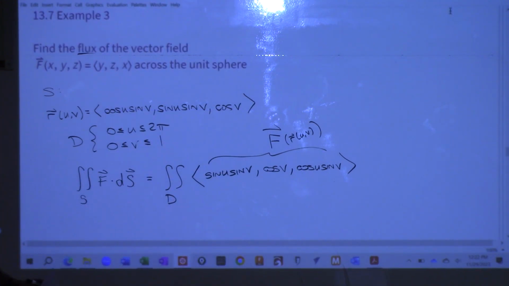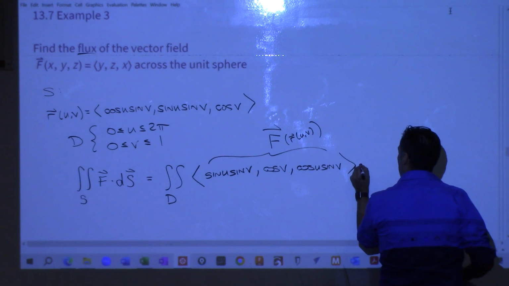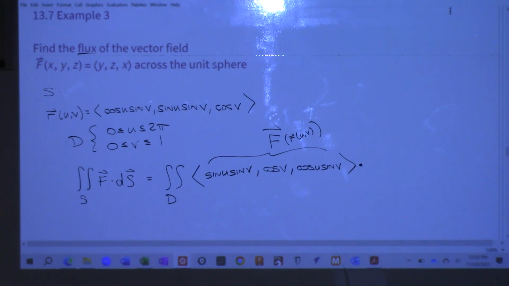Dot that with partial r with respect to u crossed with partial r with respect to v, but not the magnitude. Not the magnitude. Damn, I wish it was, right? Because if it was, it would just be sine v.